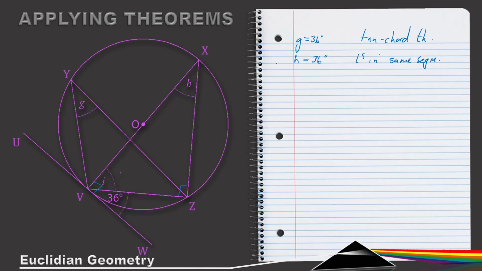And then I'm going to say that I plus 36 degrees is equal to 90 degrees, and this is because the radius is perpendicular to the tangent. And then solve for I. I is then 90 minus 36, that gives us 54 degrees.